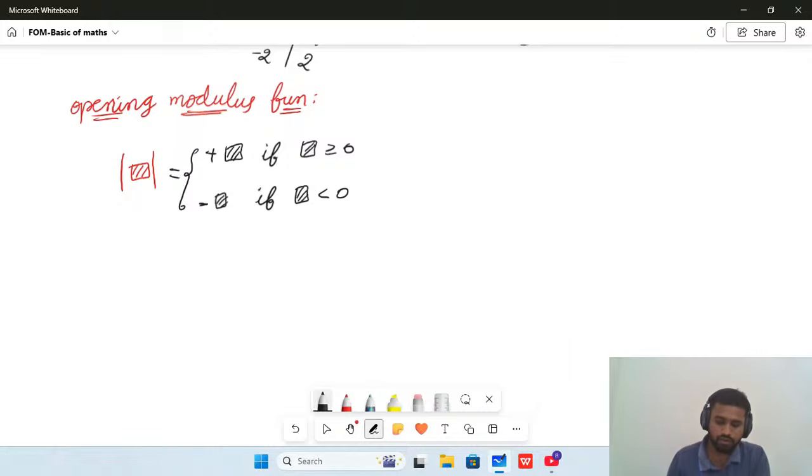Okay, so how to open this modulus function? The modulus function will be opened with the plus of the expression if the expression is greater than or equal to 0, and modulus of this box will be opened with the minus box if the box is less than 0.